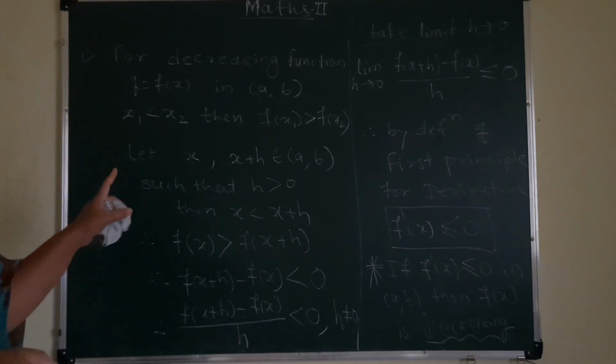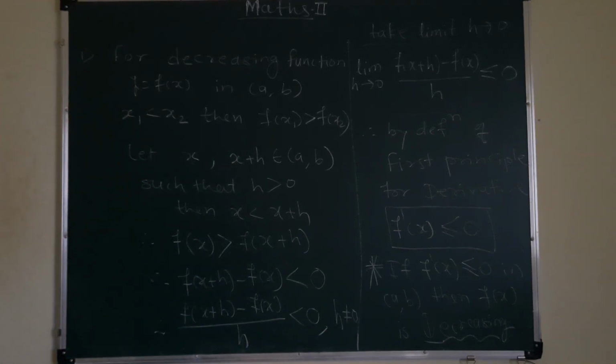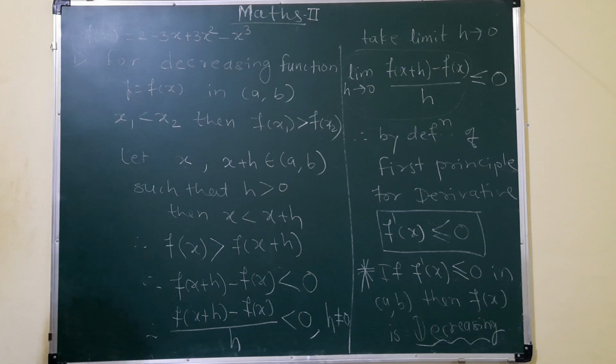Okay, this is the condition for increasing and decreasing functions. If f dash of x is greater than or equal to 0, then the function is increasing in that respective interval, and if f dash of x is less than or equal to 0, then the function is decreasing in that interval. Okay, these are the conditions.